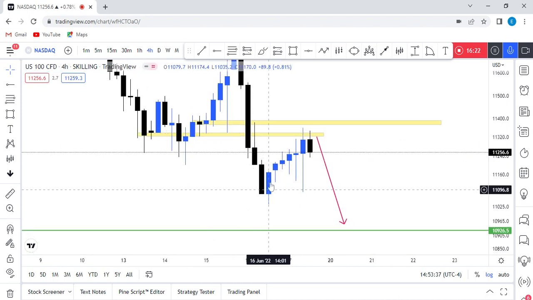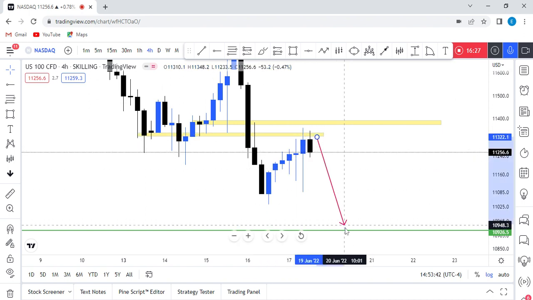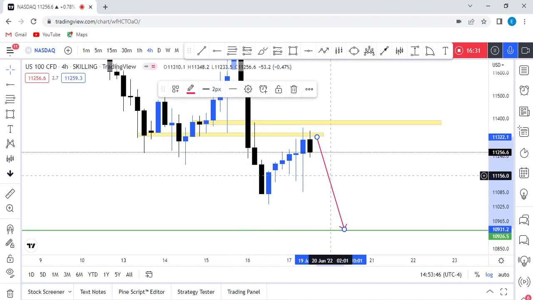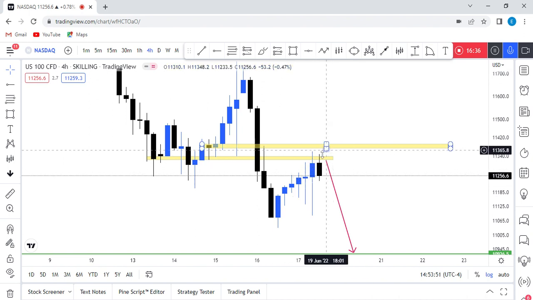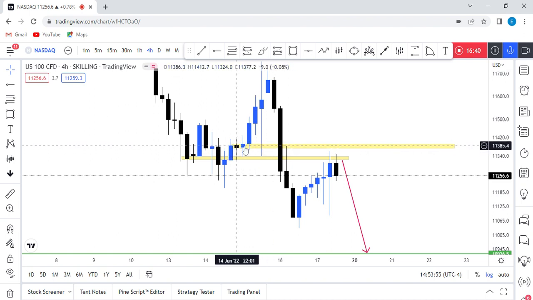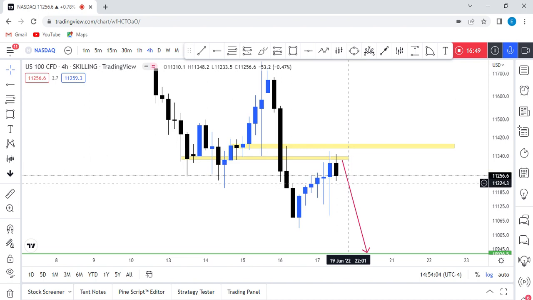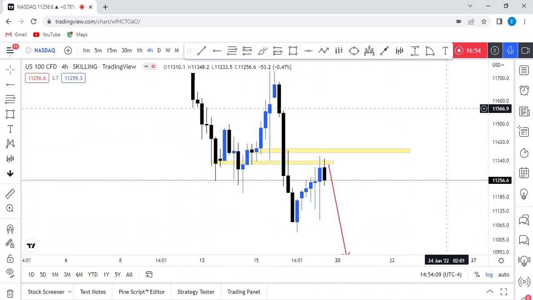So the price must turn back at this before continuing downside. From that level, we must sell. And since it is a weekend, we may expect the stop point to this zone, but we will react at this failed invalidation. The wick may touch here before continuing to the downside. So I will be looking to sell Nasdaq as well.